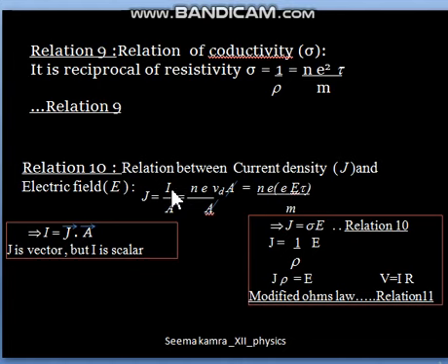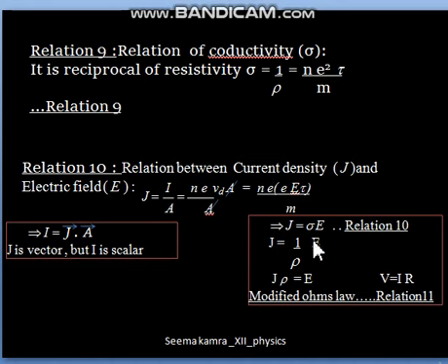For the current formula, the first one is I = nAe vd. So A from the denominator will be cancelled. Now we can substitute the vd formula here so that we get capital E. The vd formula is vd = eEτ/m. So this is the relation of J.